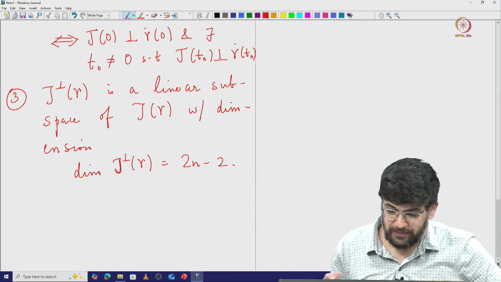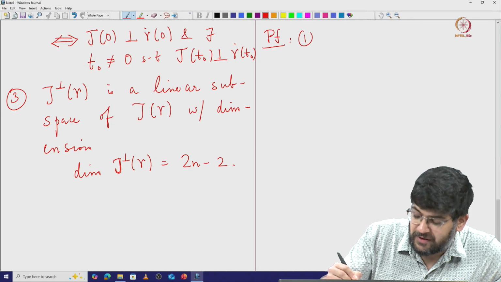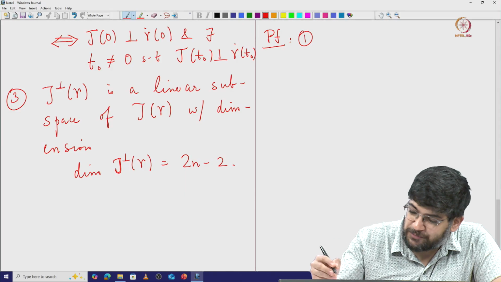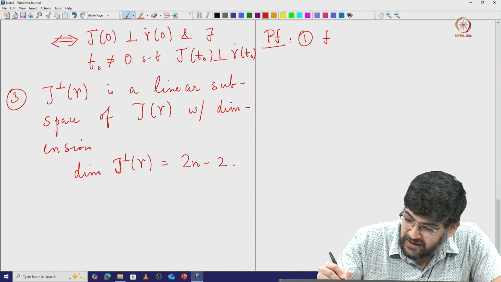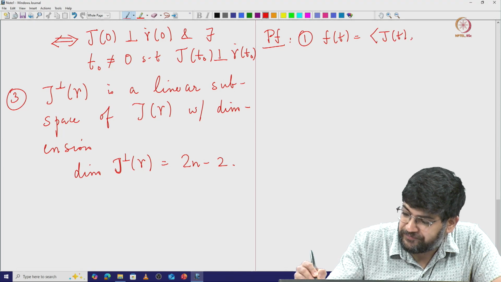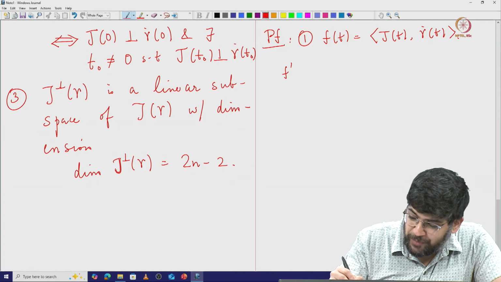All right, so here's the proof. The second and the third parts follow easily from the first part. So let's calculate what the second derivative of f is. What is f prime?